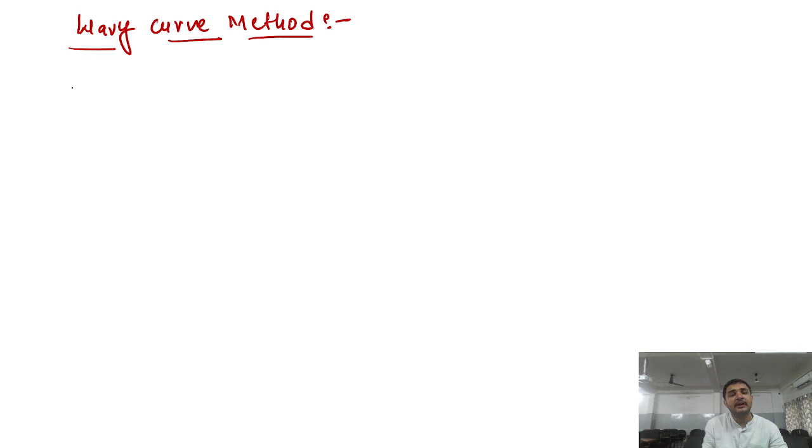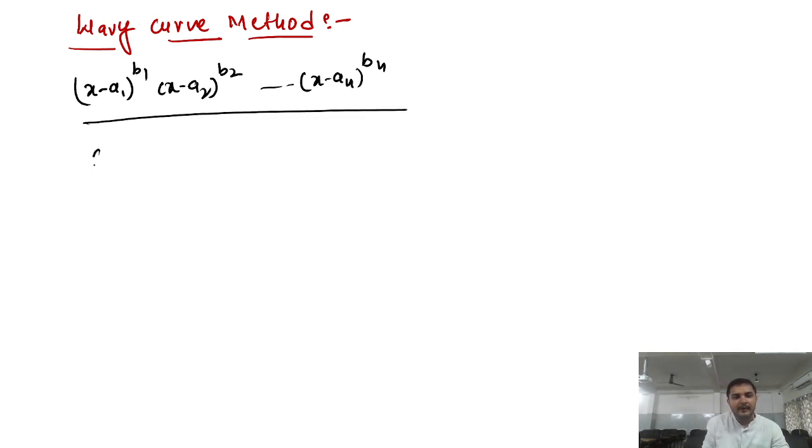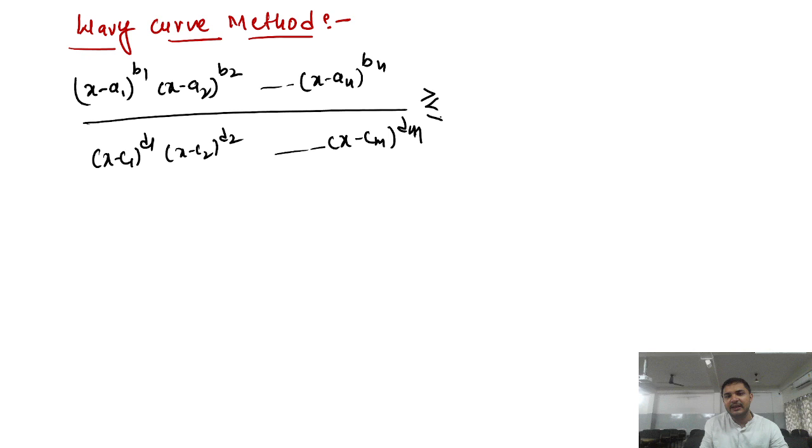So what is the Wavy curve method? To solve inequalities of the type (x minus a1) to the power b1, (x minus a2) to the power b2, and so on up to (x minus an) to the power bn, divided by (x minus c1) to the power d1, (x minus c2) to the power d2, and so on up to (x minus cm) to the power dm, yes, greater than, less than, equal to 0.